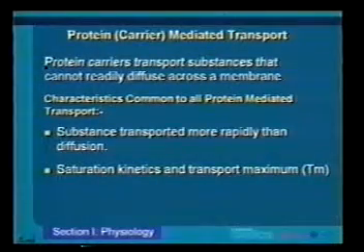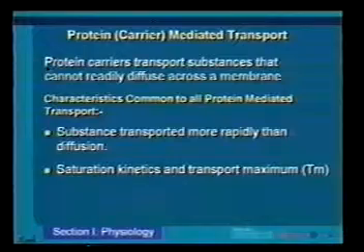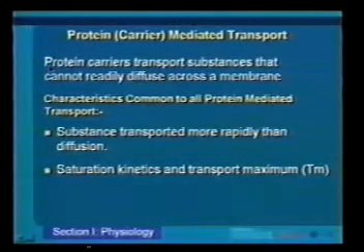Now, if we consider protein or carrier-mediated transport across membranes, the first point here is the protein carriers in a membrane transport substances that cannot readily diffuse across a membrane.